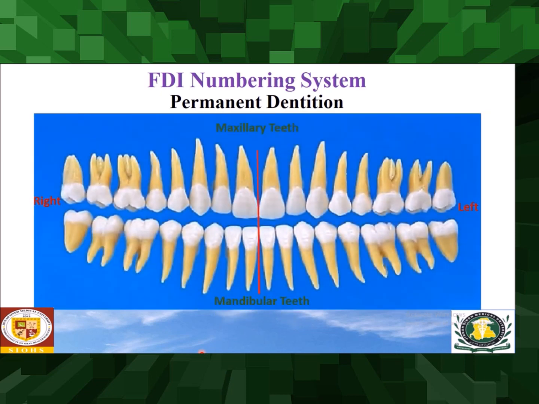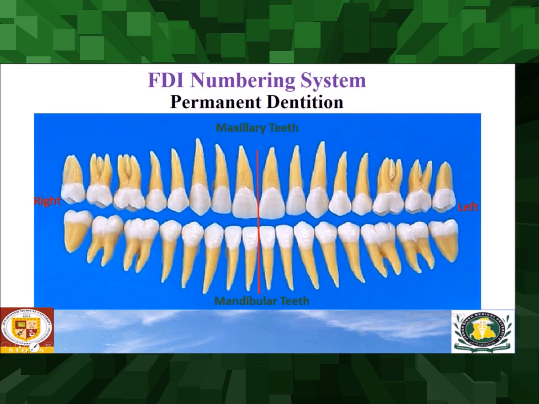Now we will do some exercises of the FDI notation system for the permanent dentition. This is a complete permanent dentition, 16 teeth in the upper arch and 16 in the lower arch, 8 teeth in each quadrant. Maxillary right central incisor: this tooth is the maxillary right central incisor.